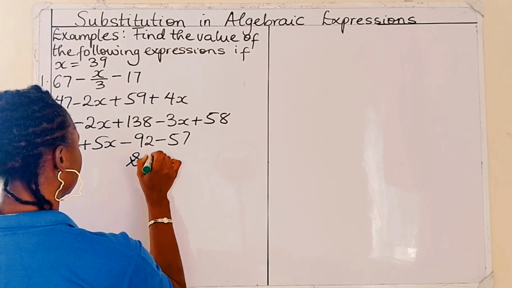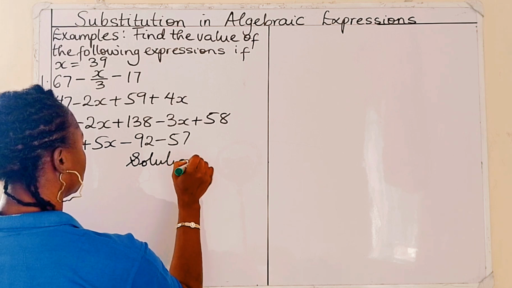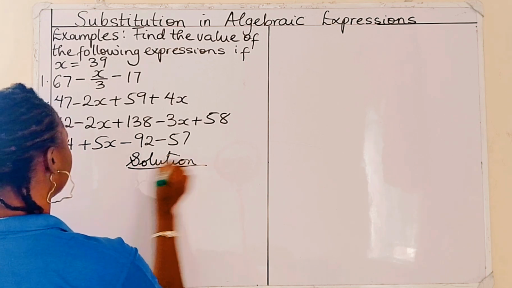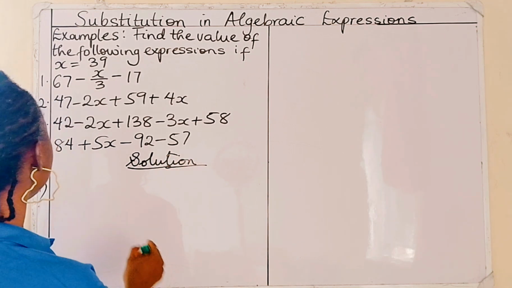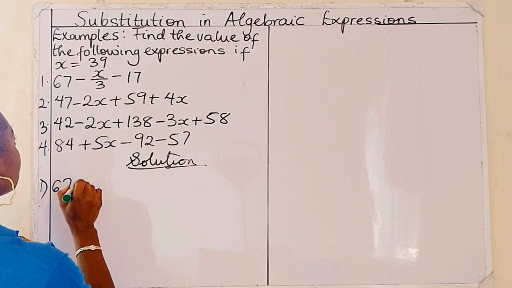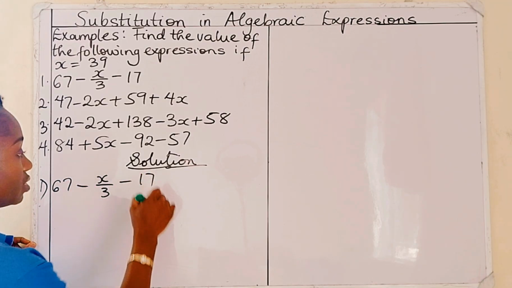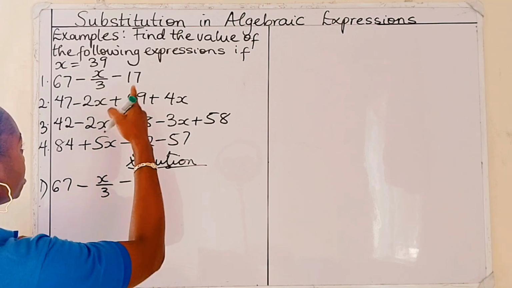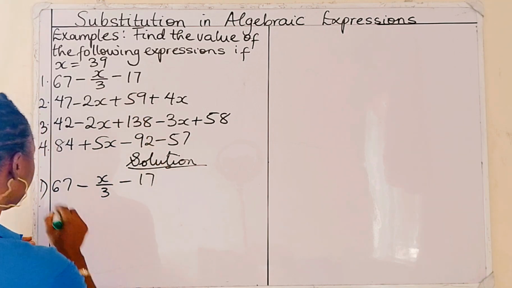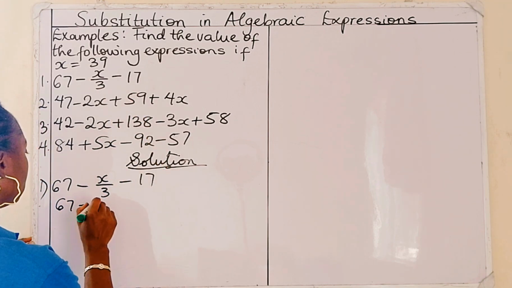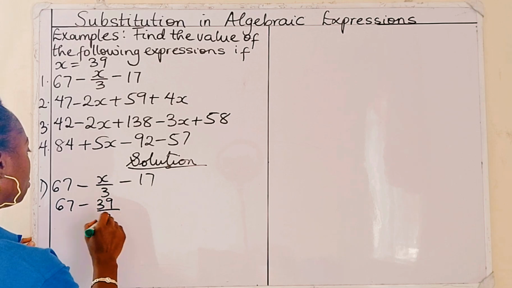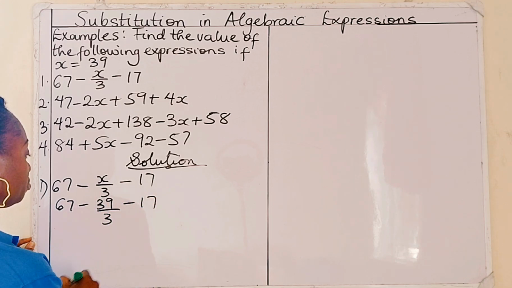Solution. Number 1, we have 67 minus x over 3 minus 17, where x is given to be 39. So we have 67 minus 39 over 3 minus 17.